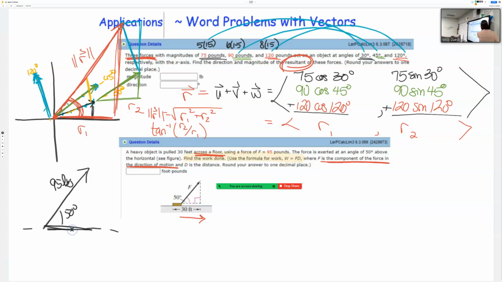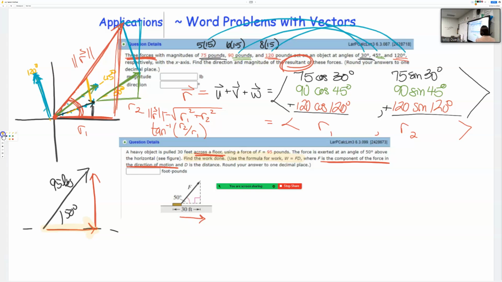I could talk about it in terms of its vertical components, what it's accomplishing down here, or up here. But technically, according to what they said, I only want this one, because for my work formula, I only want the direction of the motion of the box. The box isn't going up. The box is going over.